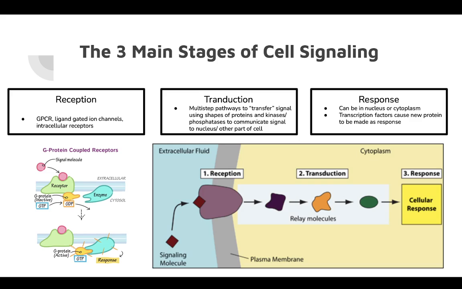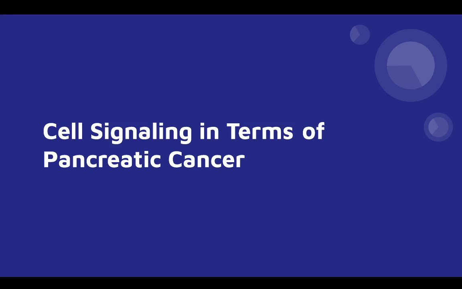In the case of pancreatic cancer, it is responded to in the nucleus. In the nucleus, usually transcription factors are how responses are made because they create new proteins to be coded, and that creates an overall response because proteins will affect the overall response of the cell.